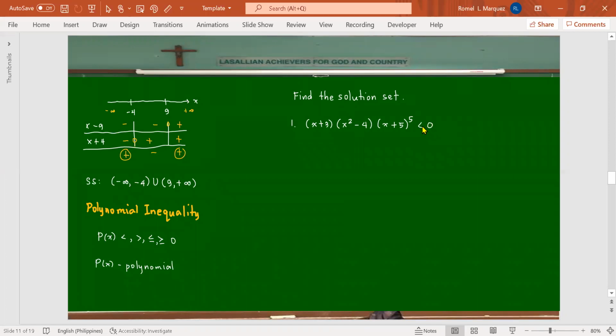Okay, guys? Be sure you are able to factor the left side. Don't worry, you will be given expressions that can be factored, because it's not easy to solve an inequality.